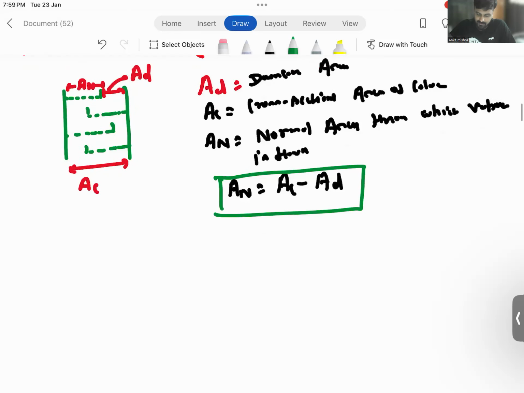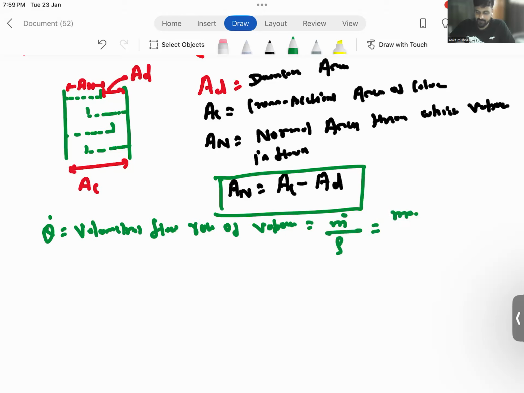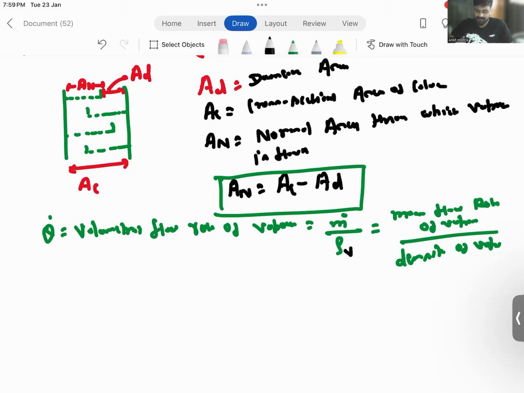So if I'm talking about flow rate of vapor, let's say Q dot, that is your volumetric flow rate of vapor, can I write this as m dot by rho, that is your mass flow rate of vapor divided by density of vapor. So density of vapor I'll be denoting as rho v, right? This is just a simple mathematical equation.